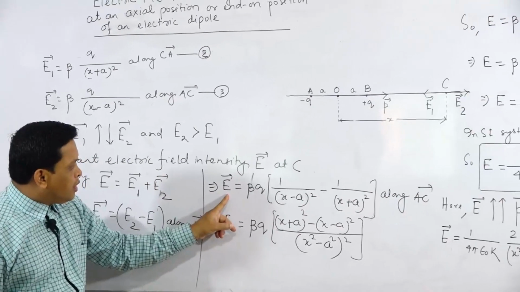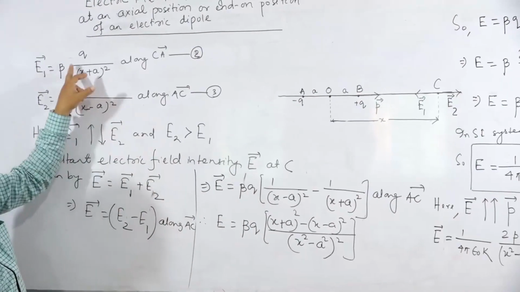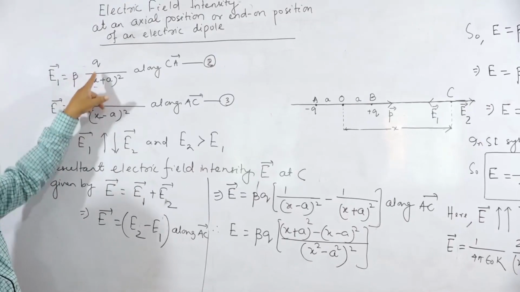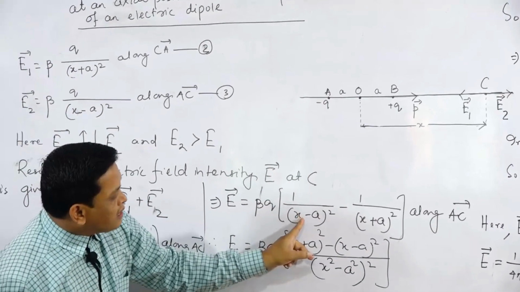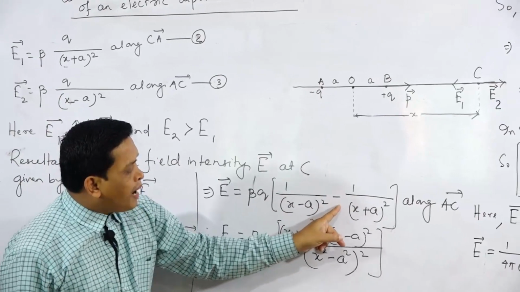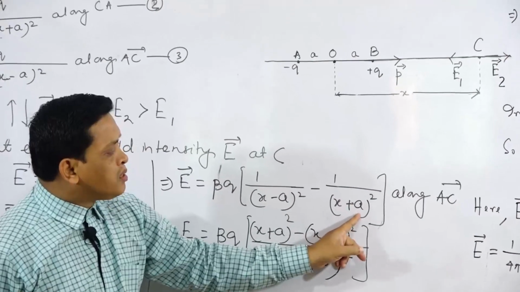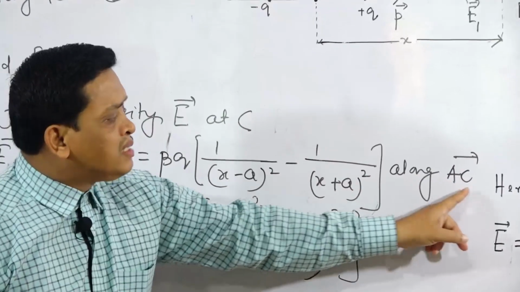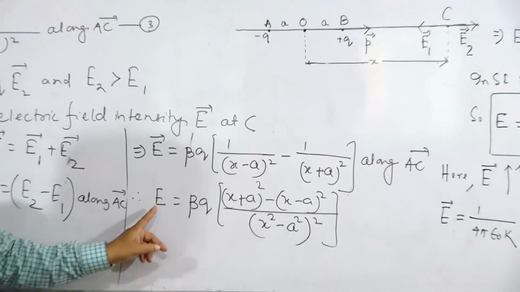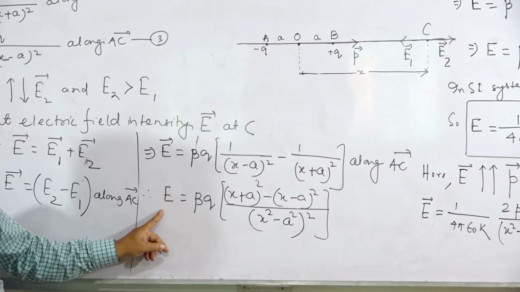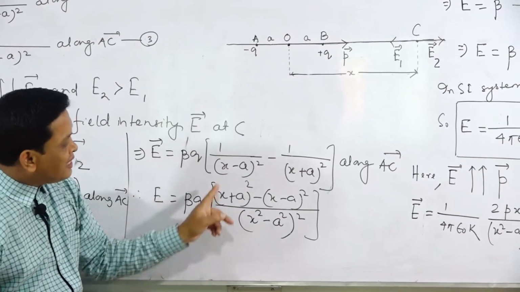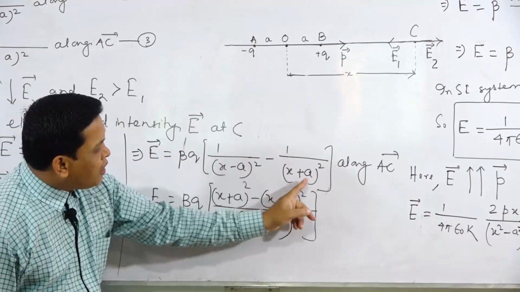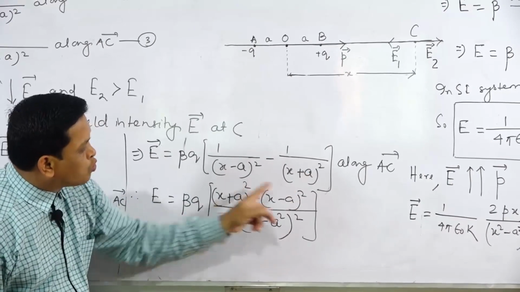Now E vector, from equations 2 and 3, beta Q common, so beta Q times 1 divided by (x minus A) square minus 1 by (x plus A) square along AC vector. So the magnitude E is equal to beta Q. Now take the LCM, (x square minus A square) the whole square.